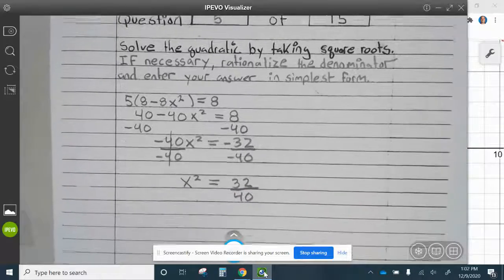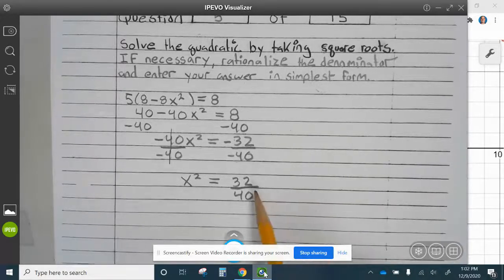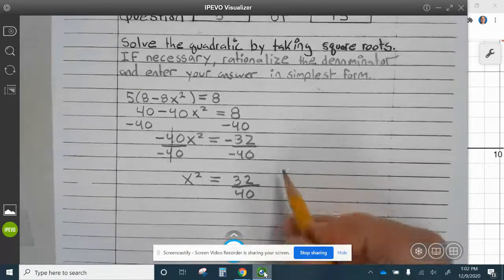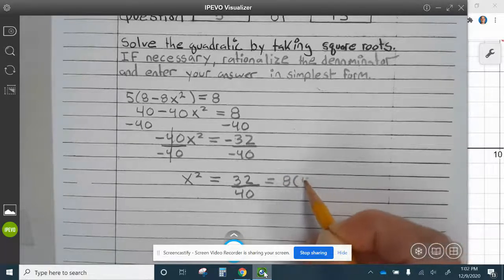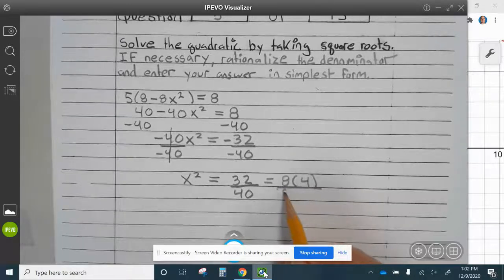Now we want to see if we can reduce that. Okay, now we think about what numbers can go into 32 and 40. Okay, well, the answer to that's 8. So we can actually write this as 8 times 4 is 32, and 8 times 5 is 40.